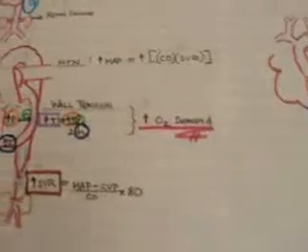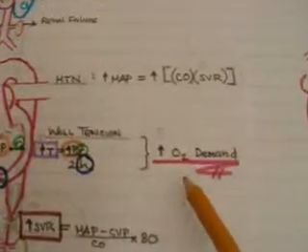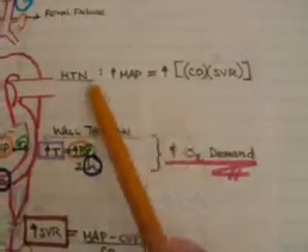So that's also an increase in systemic vascular resistance. So these are some of the causes of increased blood pressure or hypertension.